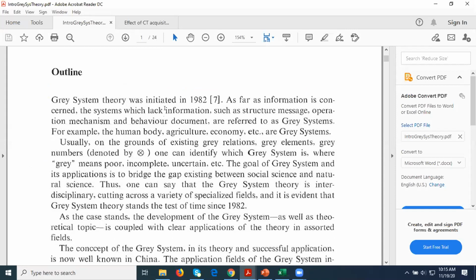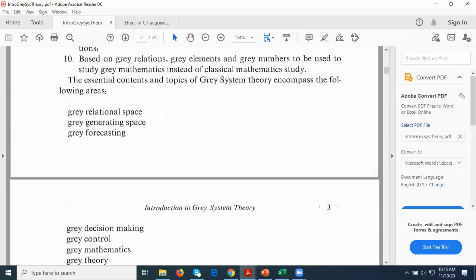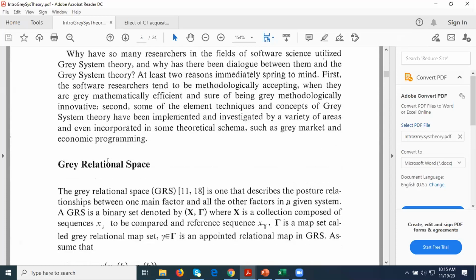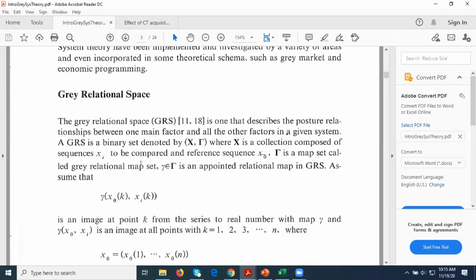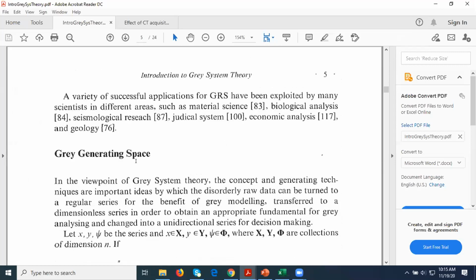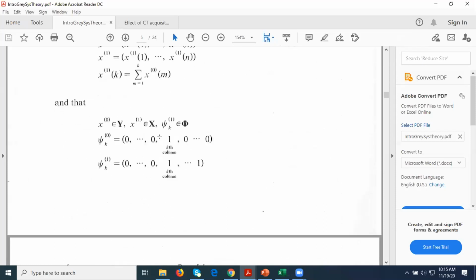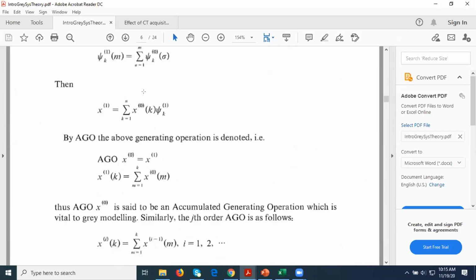I'm just giving an outlook here of his published paper: the grey space and where we can utilize it, then the grey generation space and how we have to generate the grey. This is the theoretical part, with the basic mathematical functions you can see here.